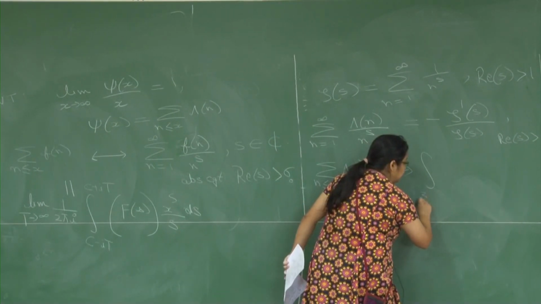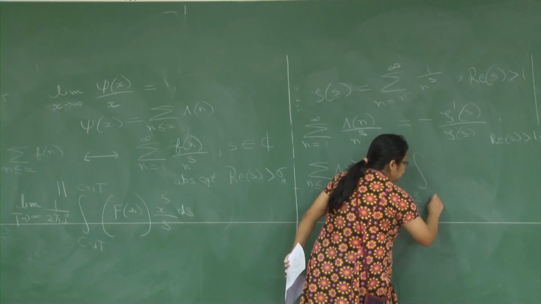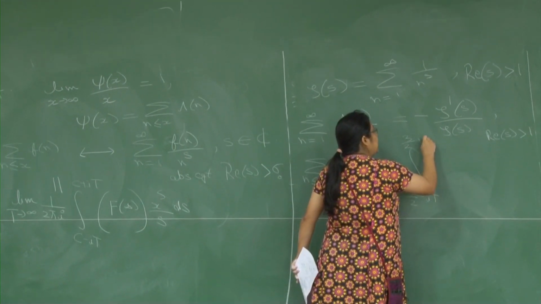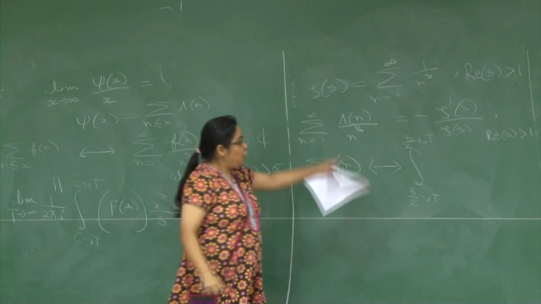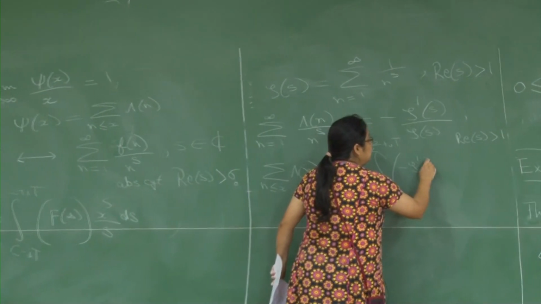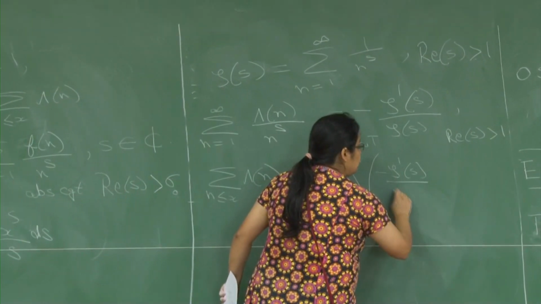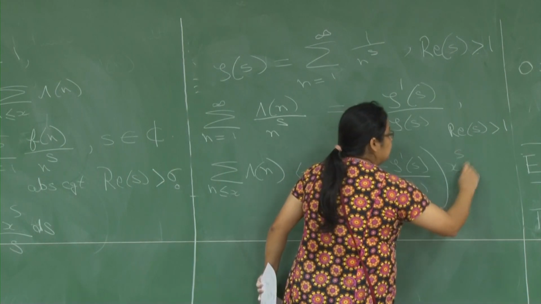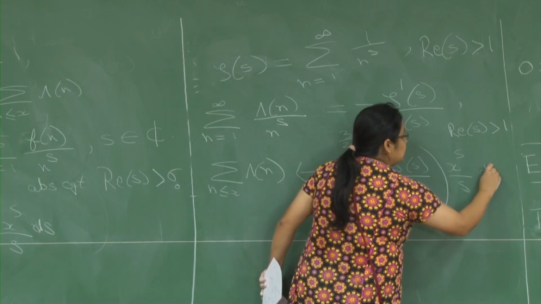So, let us take 3 by 2, to 3 by 2 plus i t, of, you see the expression here is very important, minus zeta prime of s over zeta of s, x raised to the s over s, ds.